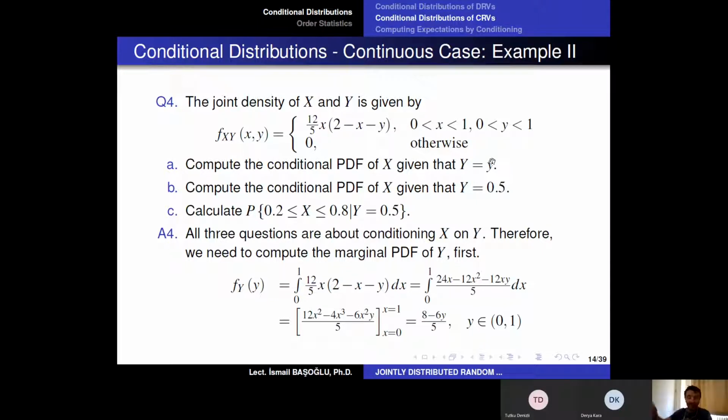So that conditional PDF is conditional on the observation of y being equal to 0.5. Then I'm going to answer part C.